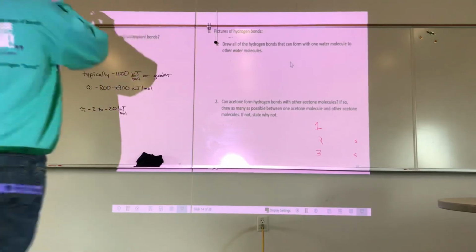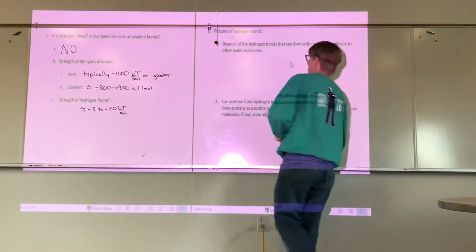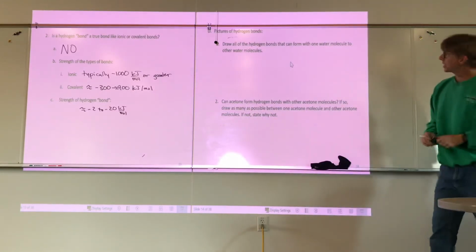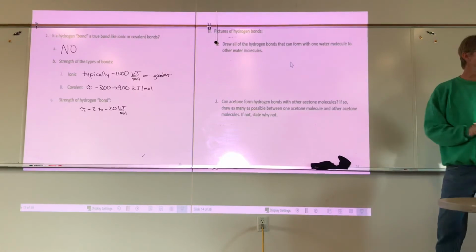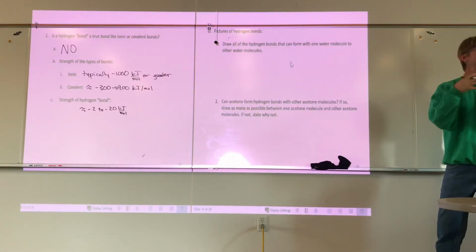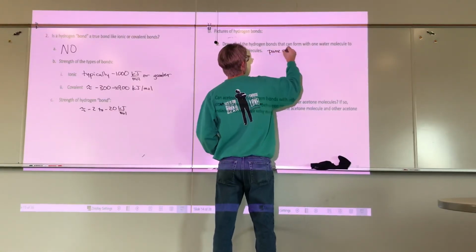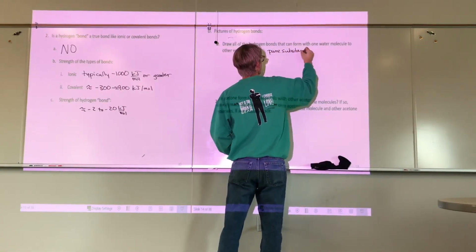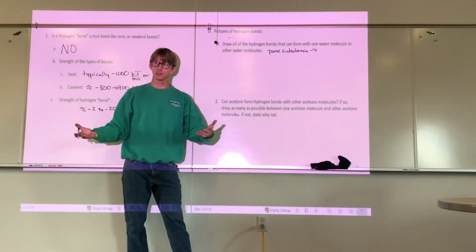Pictures of hydrogen bonds. Well, there's two main types of questions I can ask you about hydrogen bonds. One is, draw all the hydrogen bonds that can form with one water molecule to other water molecules. And this is a pure substance type question, only water molecules.